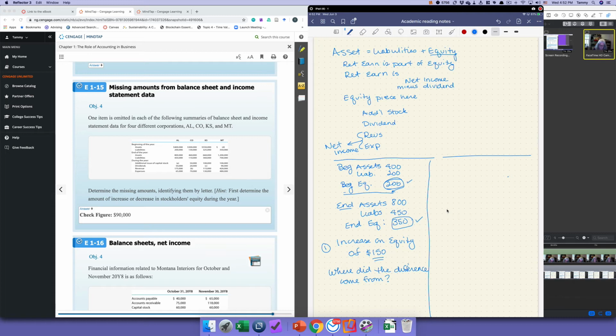Okay. So where did that $150,000 difference come from? Well, we know that the difference is going to be due to additional stock plus the change in retained earnings. Okay, so let's figure out what the change in retained earnings are.